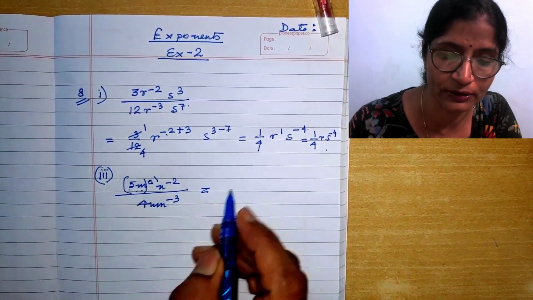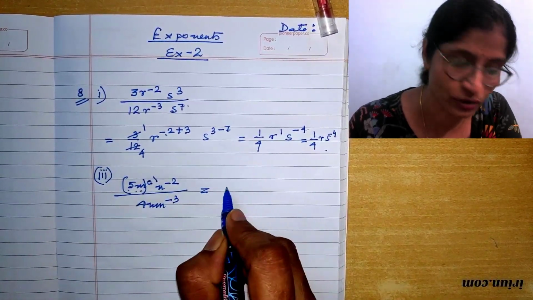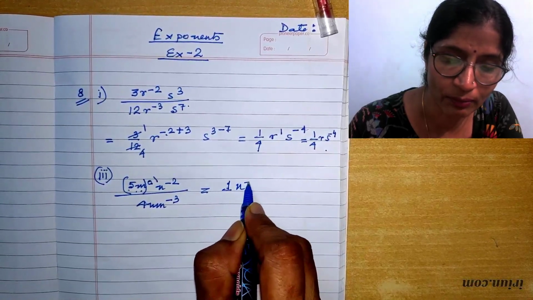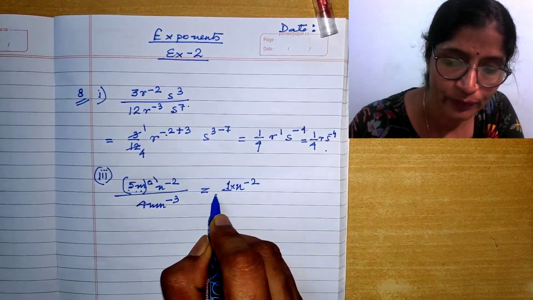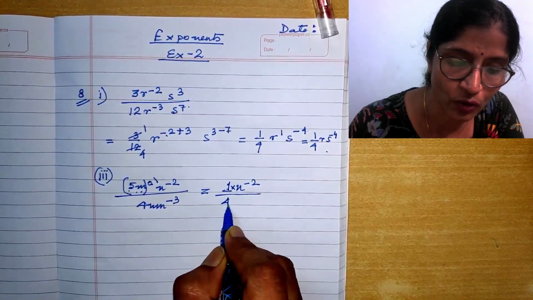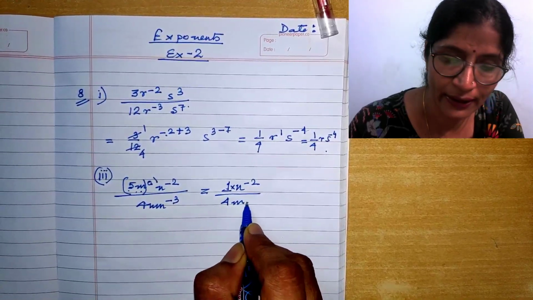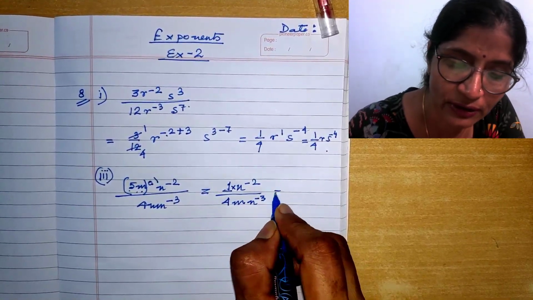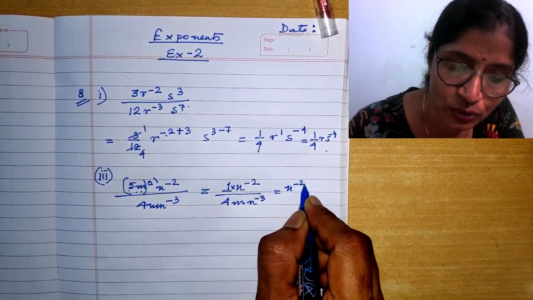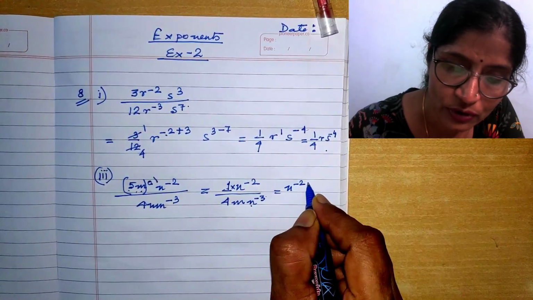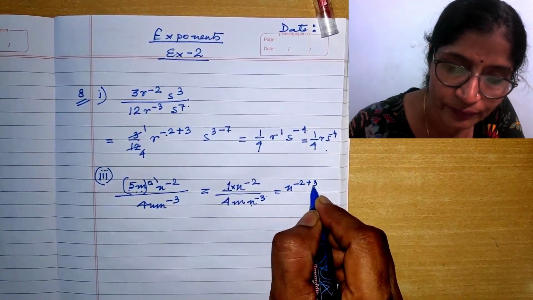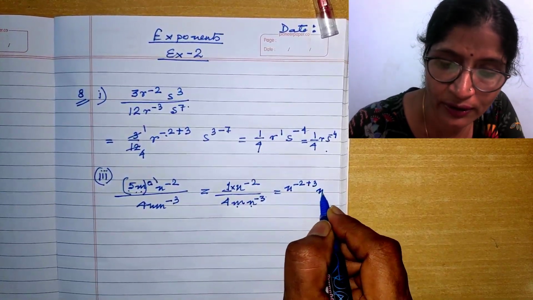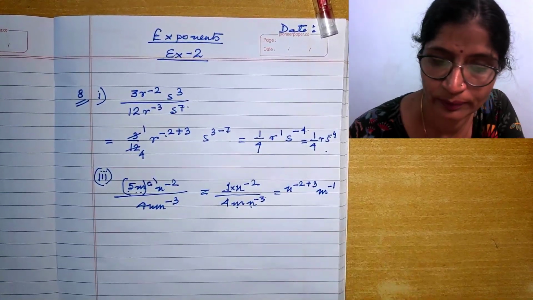So 5m to the power 0 is 1, n to the power minus 2 into, then again here 4m n to the power minus 3, and that is equal to n to the power minus 2. This n will go up, so it will be plus 3, and this m, I'll take it in the numerator, then it will be m to the power minus 1.